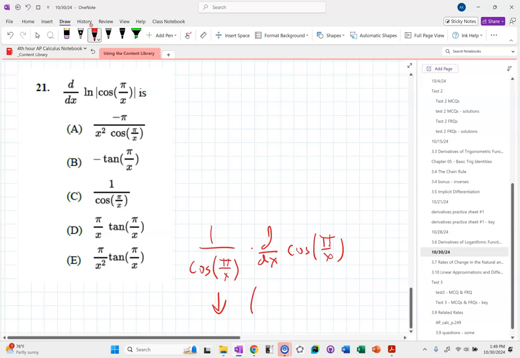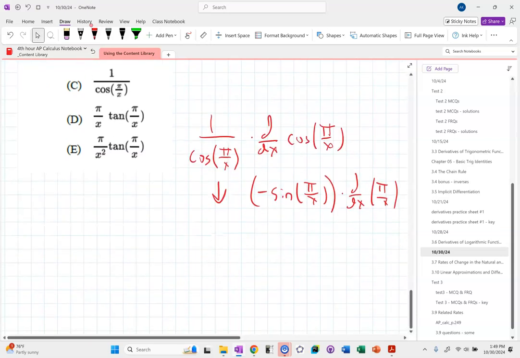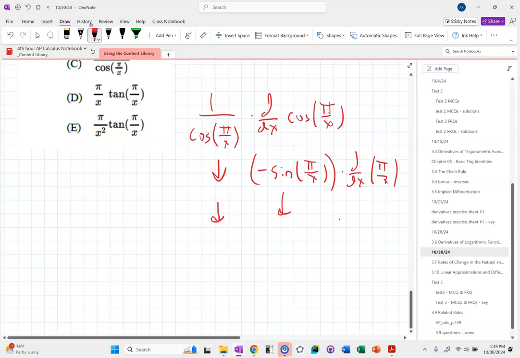The derivative of cosine is negative sine of the inside, and then times the derivative of that inside.